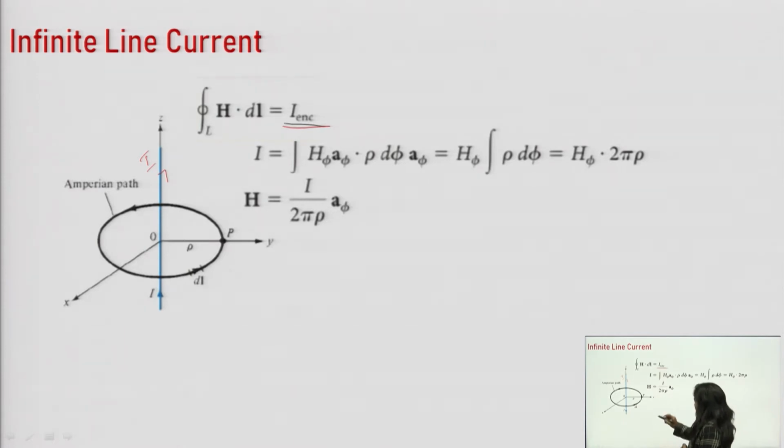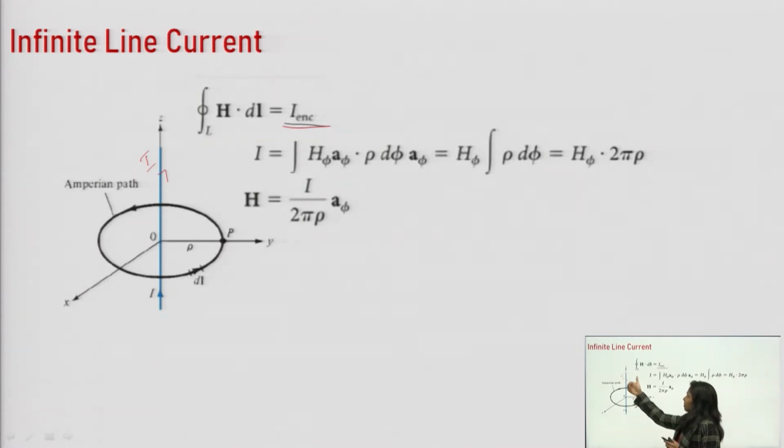So now, to know the direction of H, the magnetic field intensity, we need to use the right hand thumb rule. According to that, our thumb points in the direction of current, then our fingers give the direction of the magnetic field.